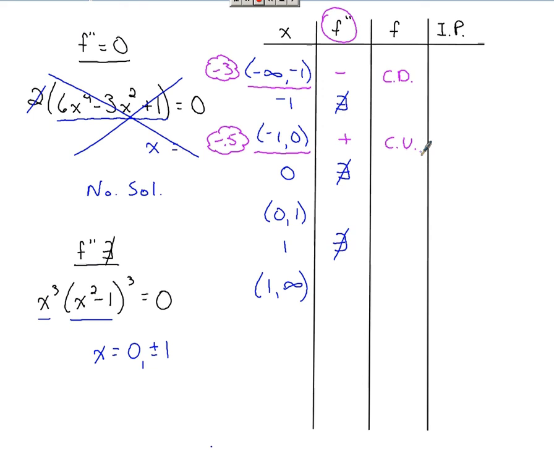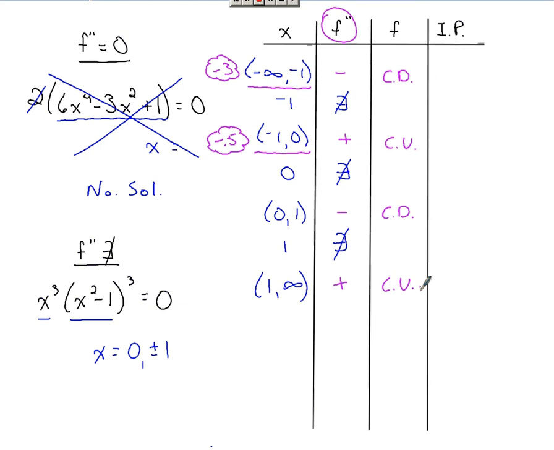Once again, continue with the same pattern. If you analyze 0 to 1, on 0 to 1, we find we get something negative there. So that's concave down. From 1 to infinity, it's positive there. So that's concave up. Now, I've added the column here for inflection points.